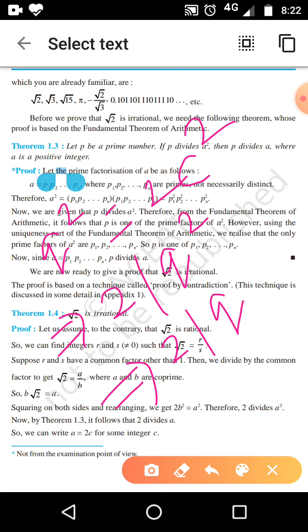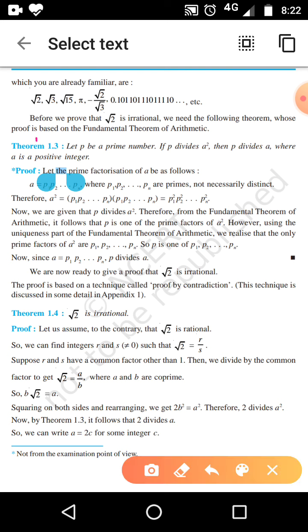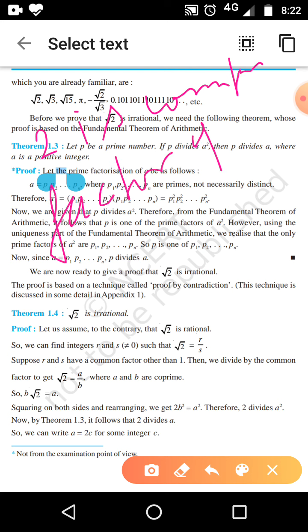So this is equation number 2, and suppose 2 divides p is equation number 1. From 1 and 2 you see 2 is a common factor of p and q, which is impossible.